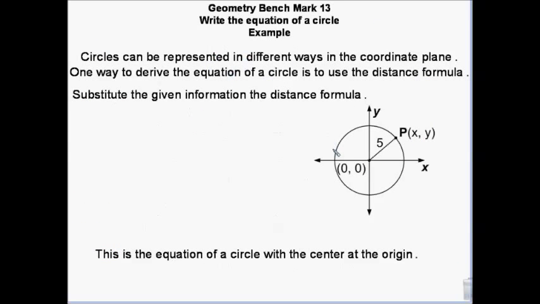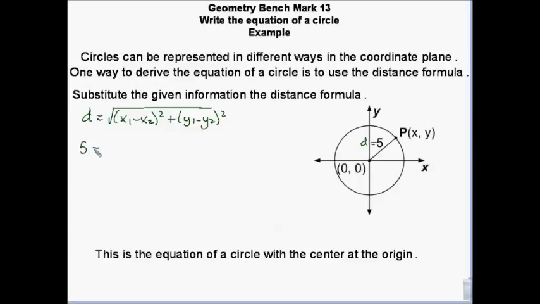All right, so if we take this and we want to use the distance formula, we know that 5 is the distance. That's the radius. So the distance is equal to the square root of x1 minus x2 squared plus y1 minus y2 squared. That's our distance formula. This is the length between here and here.